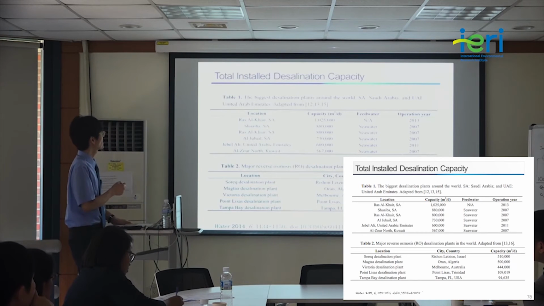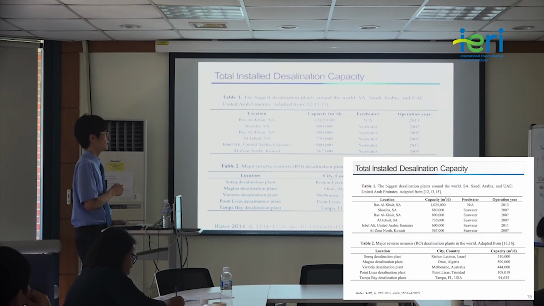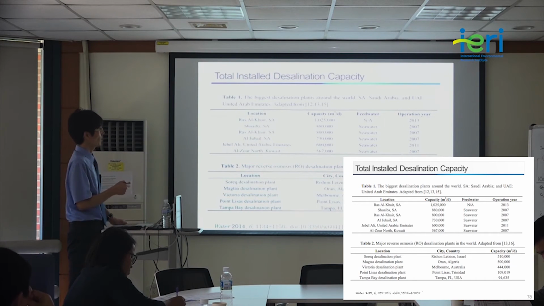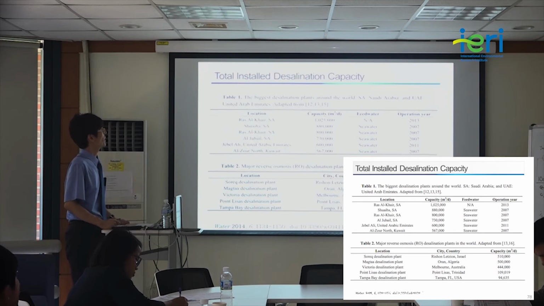For example, in the first table, we have a list of the biggest desalination plants all over the world. SA means Saudi Arabia, and UAE means the United Arab Emirates. And here, Ras Al Khair in Saudi Arabia has a desalination capacity of 1 million cubic meters per day.